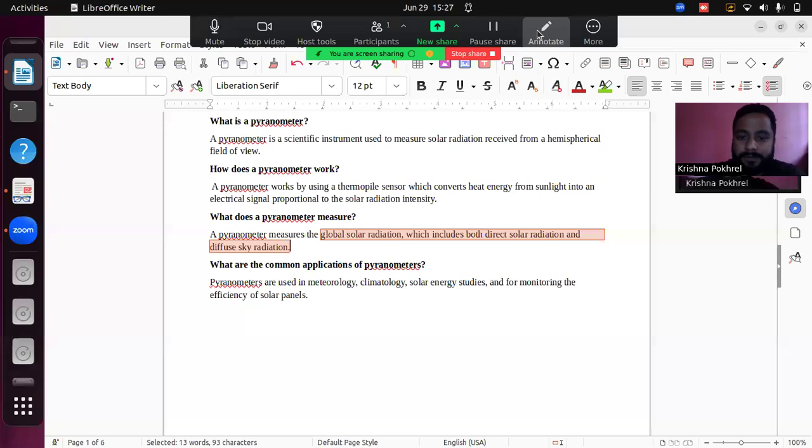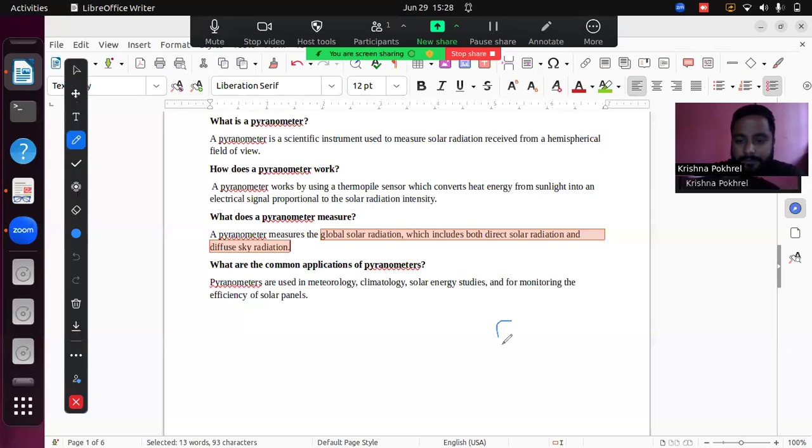I would like to explain this. Suppose here is the sun, and in our atmosphere we have several things like clouds, dust particles, raindrops, and water droplets. Now, if there is a pyranometer device here, let it be with the symbol P. If the radiation comes directly from the sun, this is called direct solar radiation.